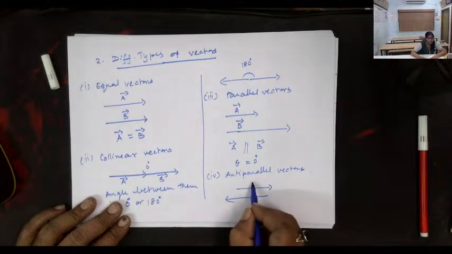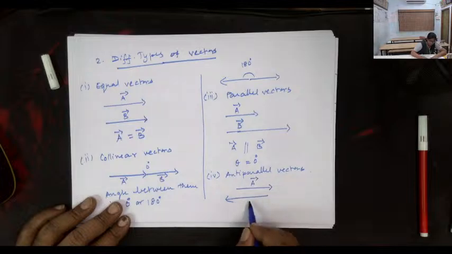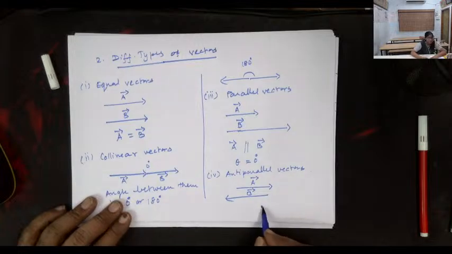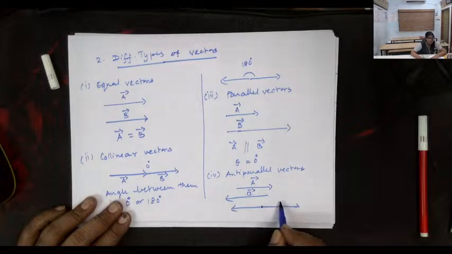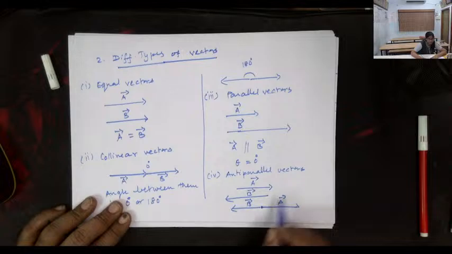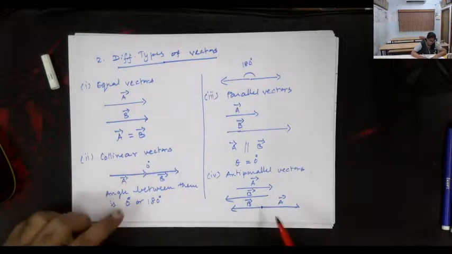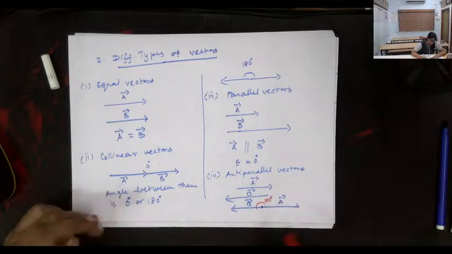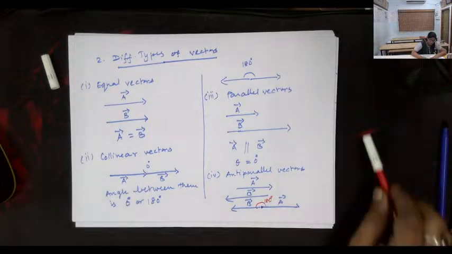So this is A vector, this is B vector. Okay. It means the angle between them is 180 degree. They are called anti-parallel vectors.